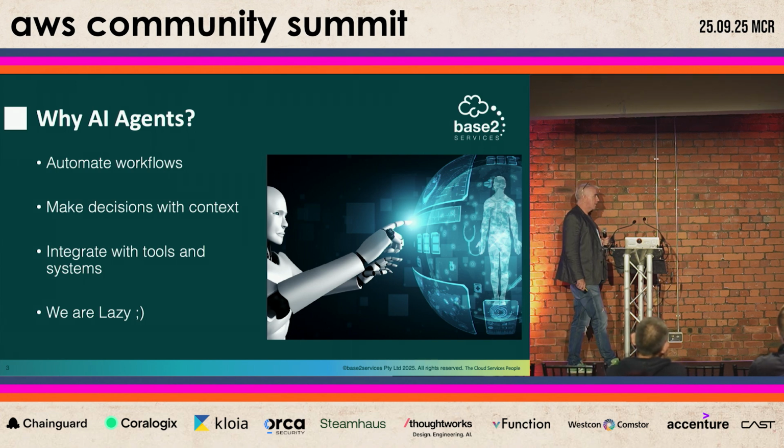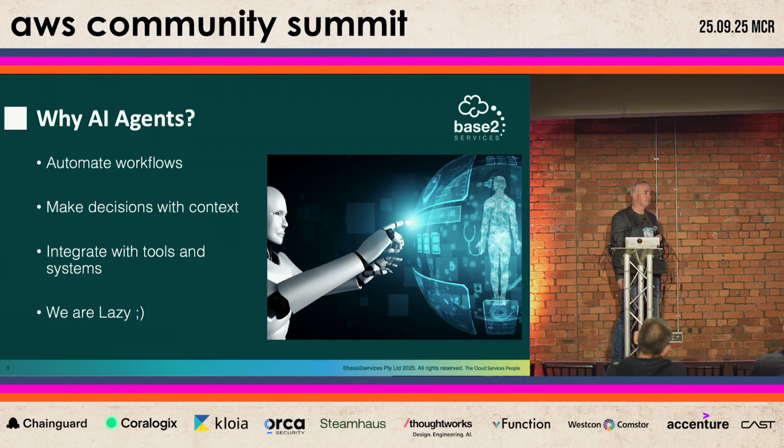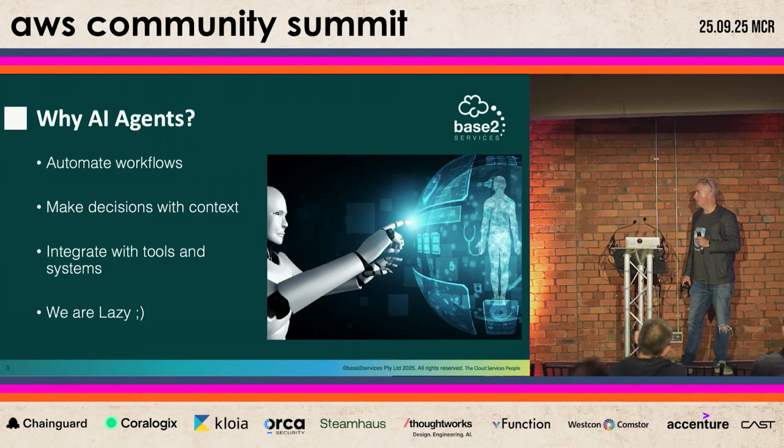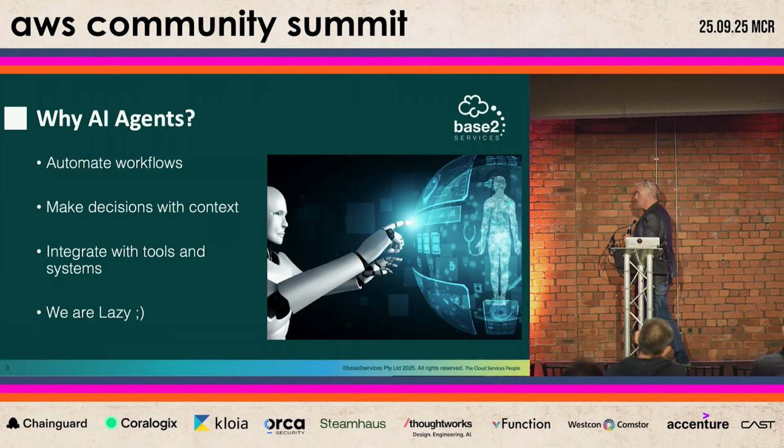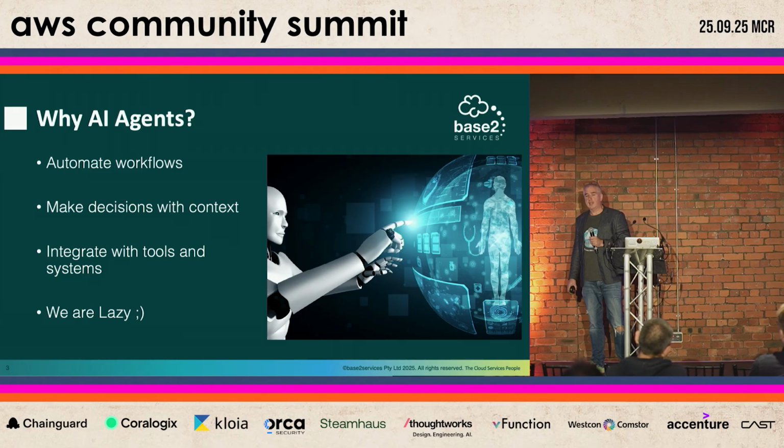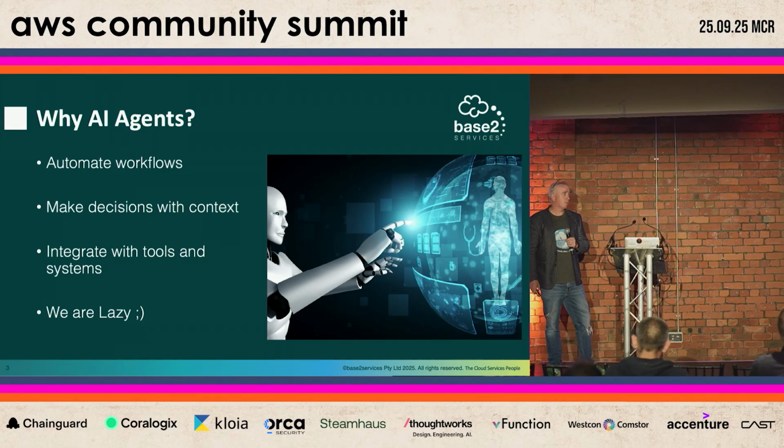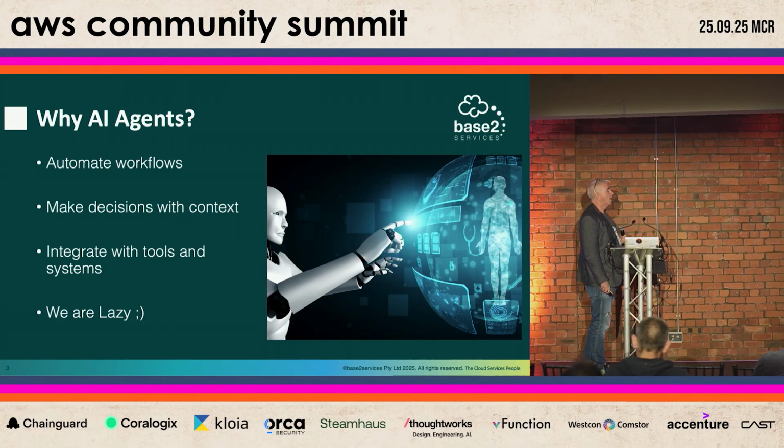So that's something that has this history of, okay, so what are they? What do they do, right? When we look at AI agents today, what we're really looking for is things that can help us automate things, help us make decisions, but the most important thing when it comes to making decisions is the context, right?